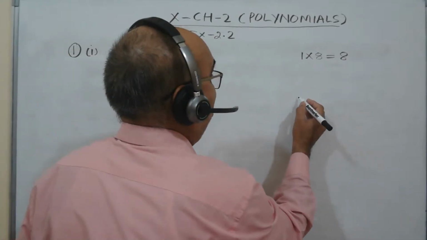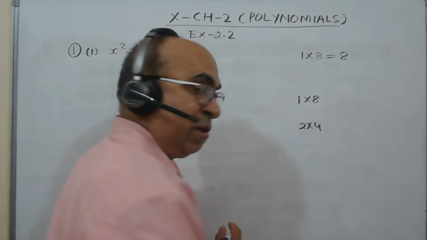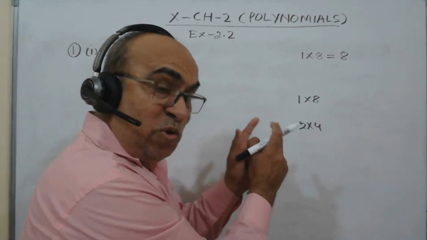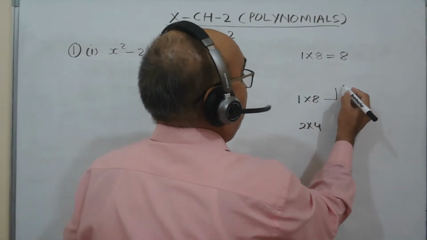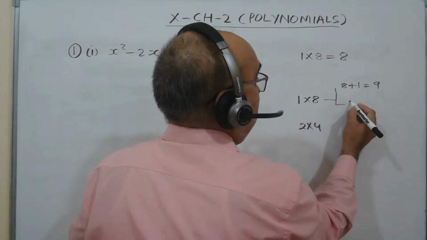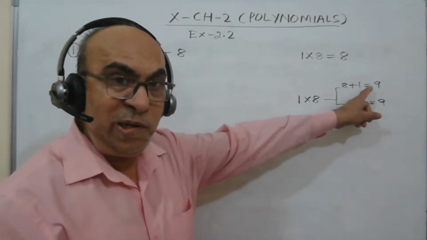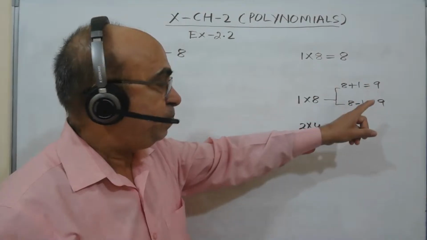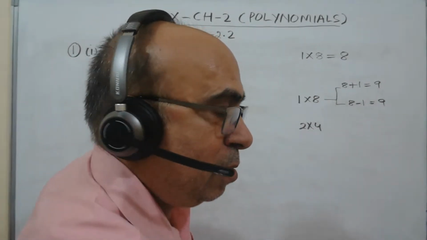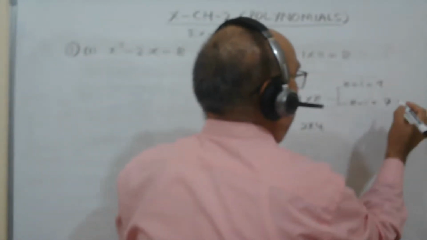So see how I am recalling. 1 into 8, 2 into 4. Only 2 pairs. And how will we use these pairs? See, you have to find the sum and difference of these numbers. 8 plus 1 is 9 and 8 minus 1 is 7.